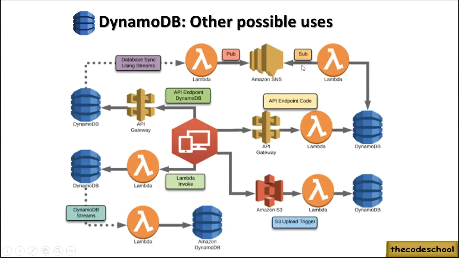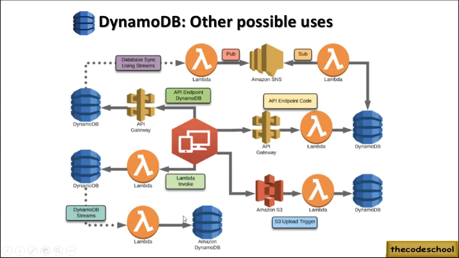But importantly, the one that is subscribed over here is the Lambda function, which is responsible for updating the data into another set of DynamoDB. And this is the other common use case where you have a data stream which you pass to DynamoDB and directly update another database. So this is also a data synchronization or data push to another DynamoDB database.